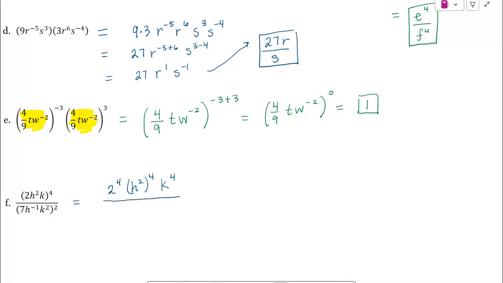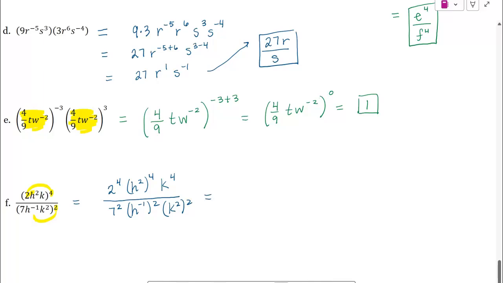Using that same idea for the denominator, I'll have 7 squared, h to the negative 1st power, and then squared, and then k squared and squared again. So I took this 4 and moved it into all of these items, and then I took this 2 and moved it into all of these items.